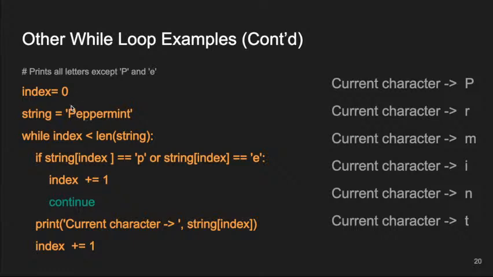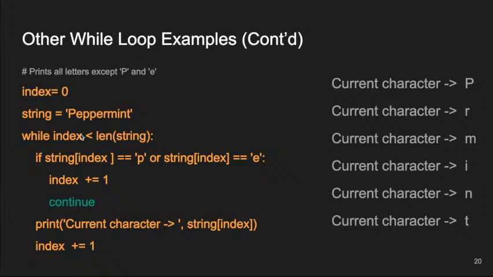Each character has an index from 0 all the way to n minus 1, where n is the length of your string. So while your index is less than the length of the string, this len function gives you the length of something, in this case the length of the string. It gives you how many characters are in the string.